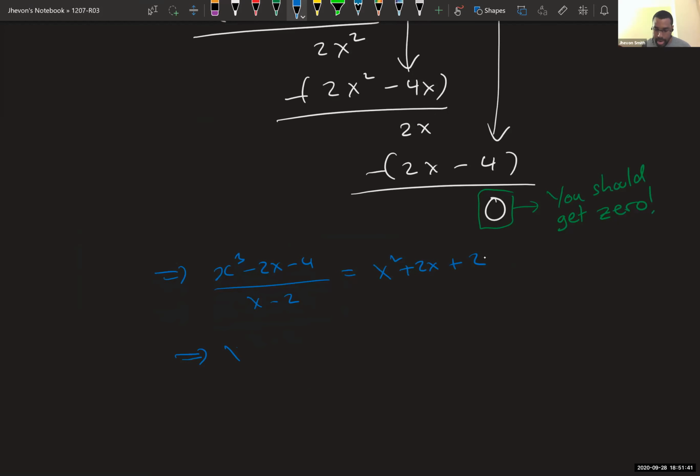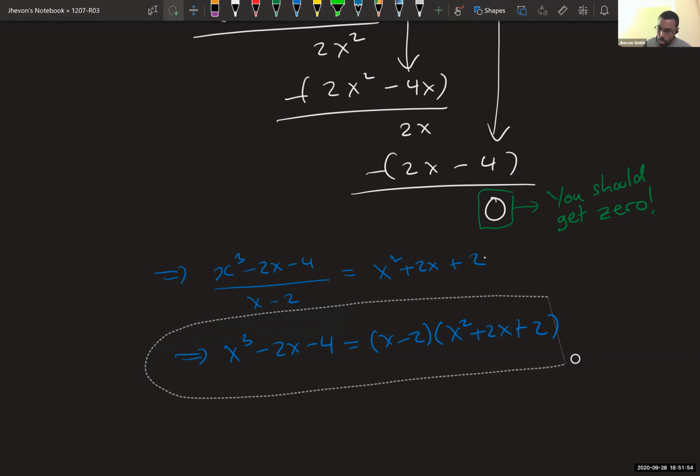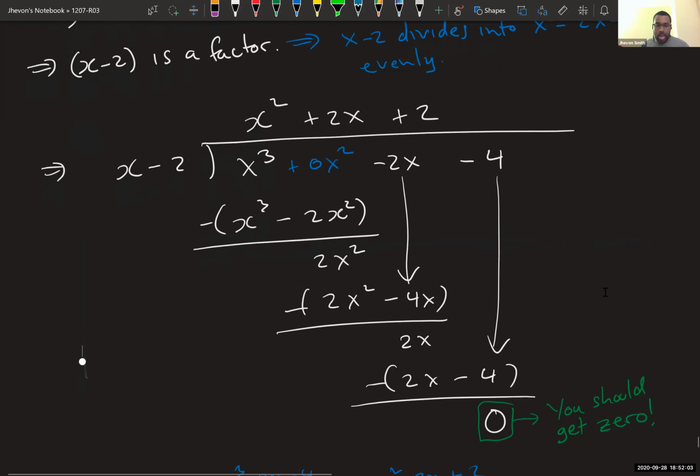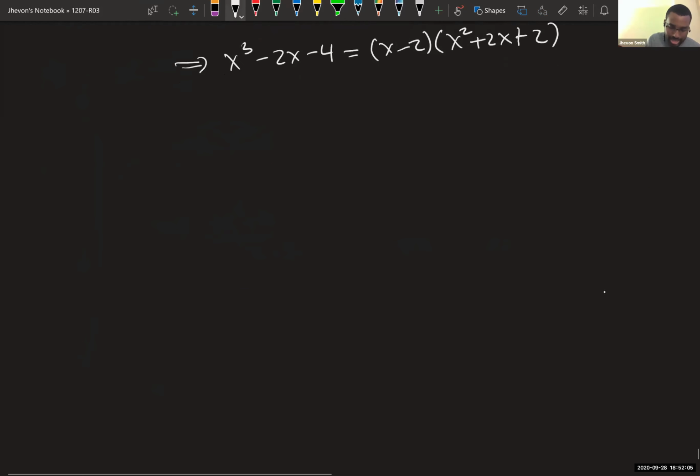This means that my x cubed minus 2x minus 4 equals x minus 2 times x squared plus 2x plus 2. So that is what this exercise taught us. Okay, so now I can go back to the original integral.